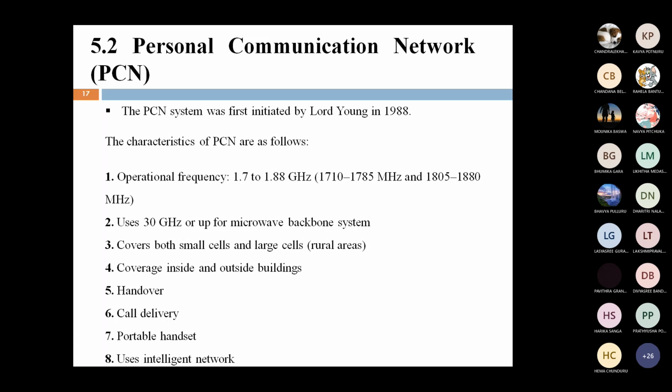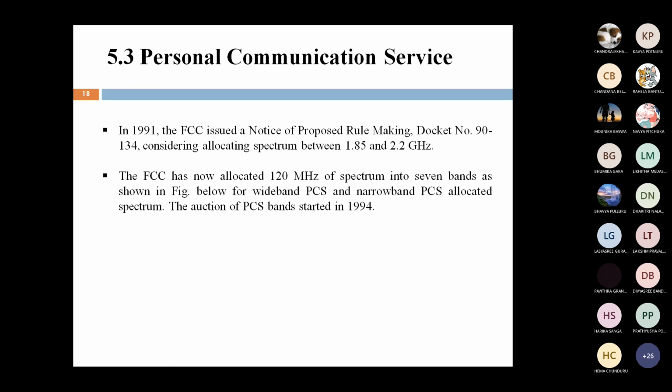Some of its characteristics: the operational frequency is 1.7 to 1.88 gigahertz, and it uses 30 gigahertz or more for the microwave backbone system, which covers both small and large cells, both inside and outside buildings. Handoff technique is available, along with call delivery, a portable handset with a small mobile unit, and it uses an intelligent network.